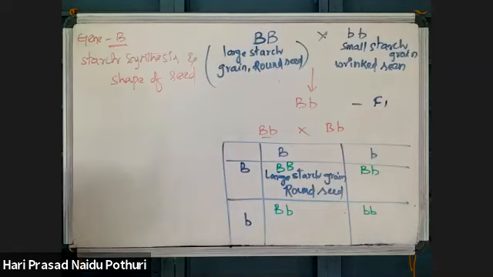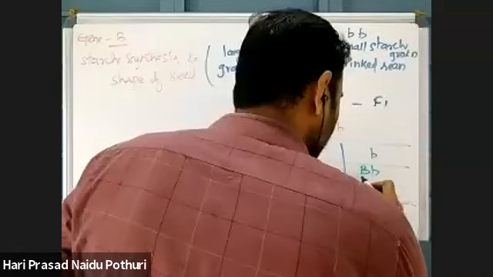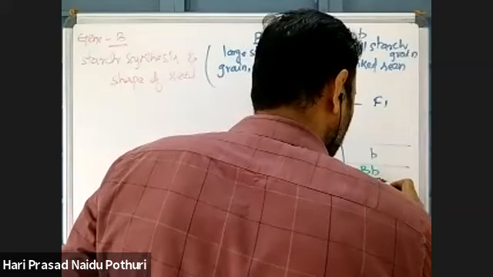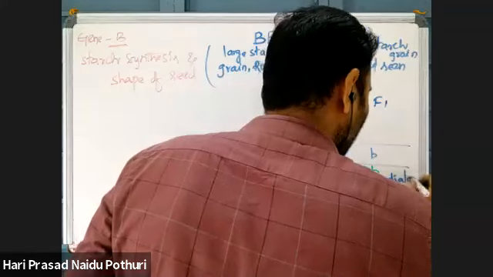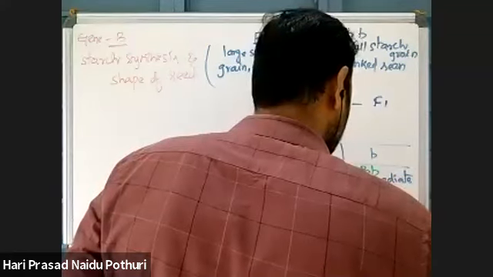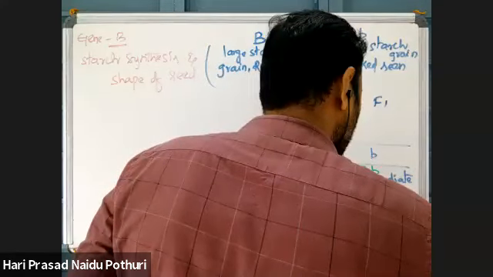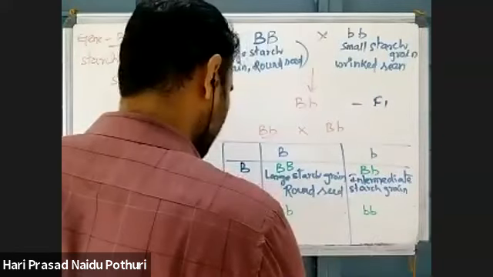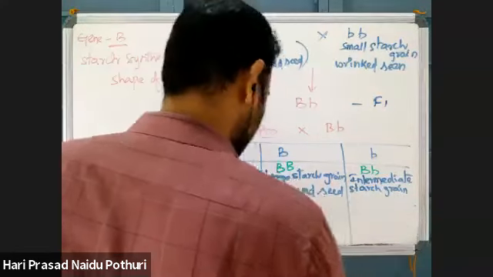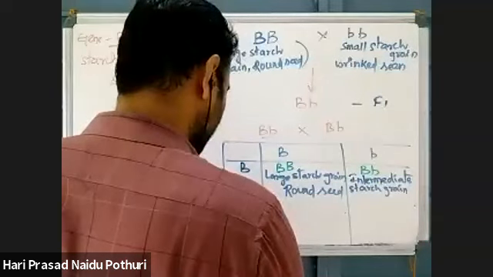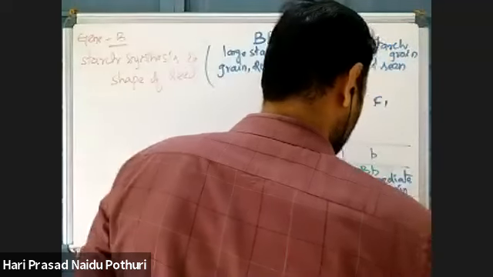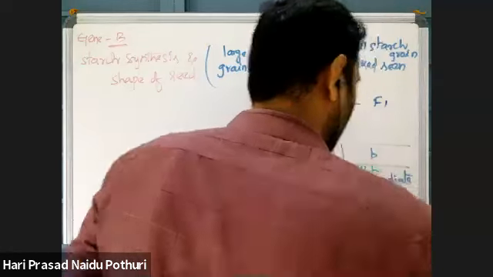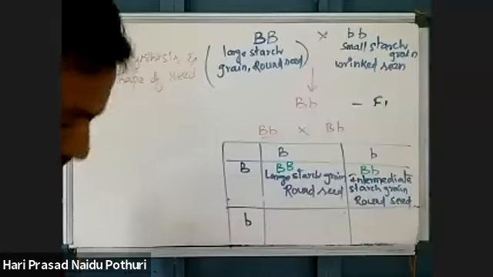Okay? Here, which is intermediate starch grain, and it has round seed.